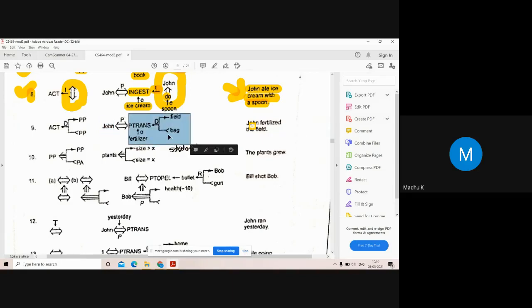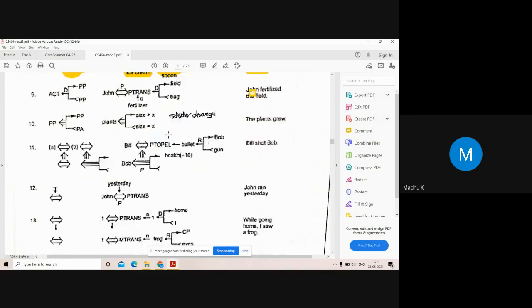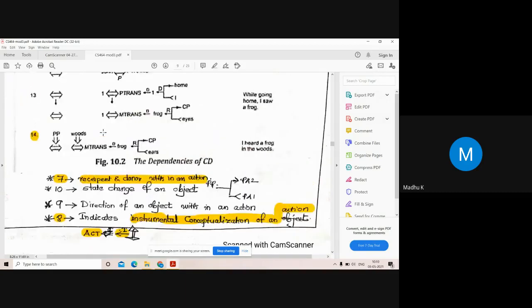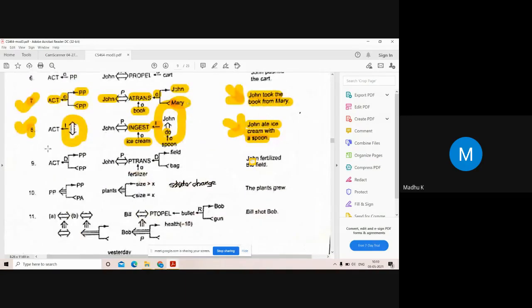If the sentence is like this, you can check what is 9: direction of an object with an action. This is the sentence type, direction of an object with an action. Then we need to apply the 9th rule.